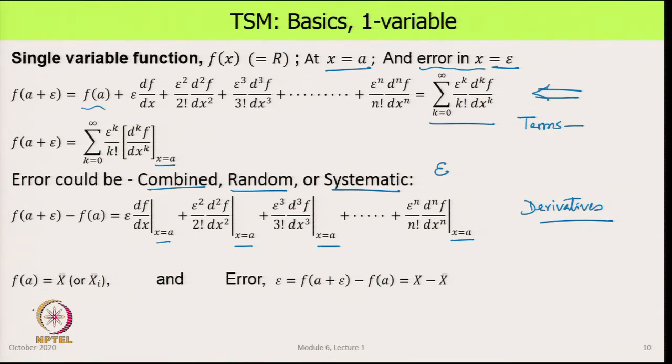So, f of a in our notation would correspond to the mean value of the variable, error would correspond to x minus x bar. So, this is very basic statistics, all of this is from school and maybe first year mathematics courses.